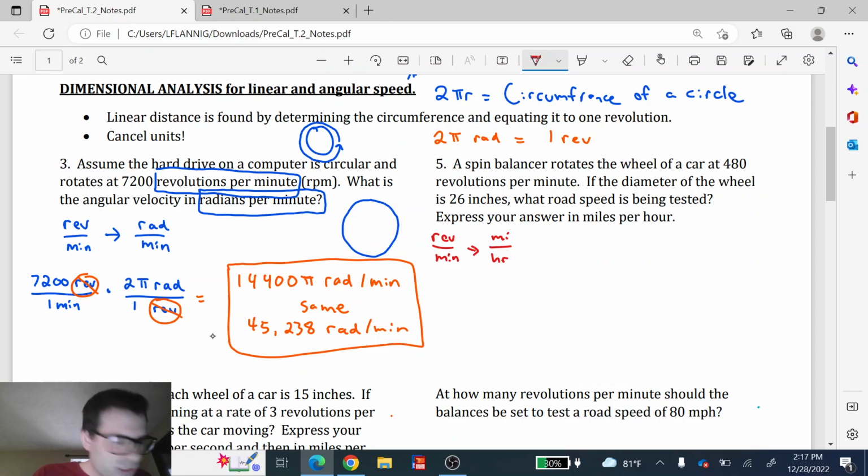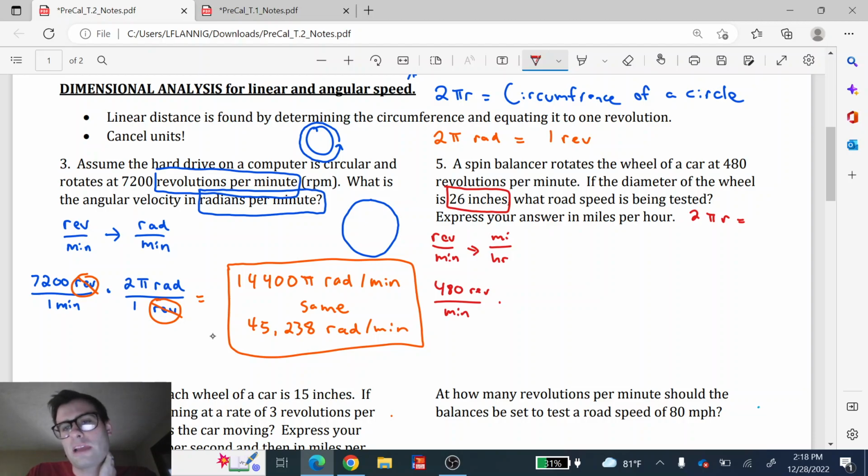So this one, we start with 480 revolutions per minute, and we want to convert this. We know that in order to get inches per revolution, we want to work with this right here. Remember, 2 pi r is the circumference of a circle, and our radius is 13, because our diameter is 26.